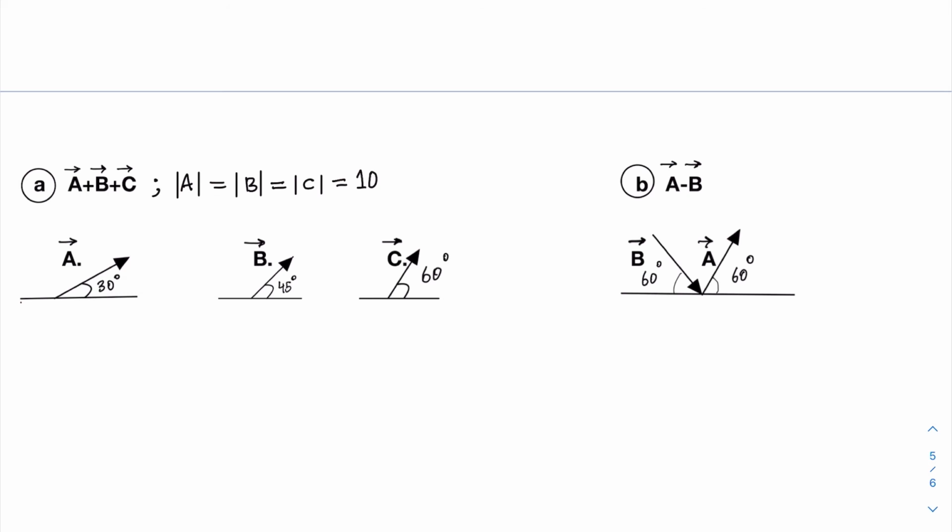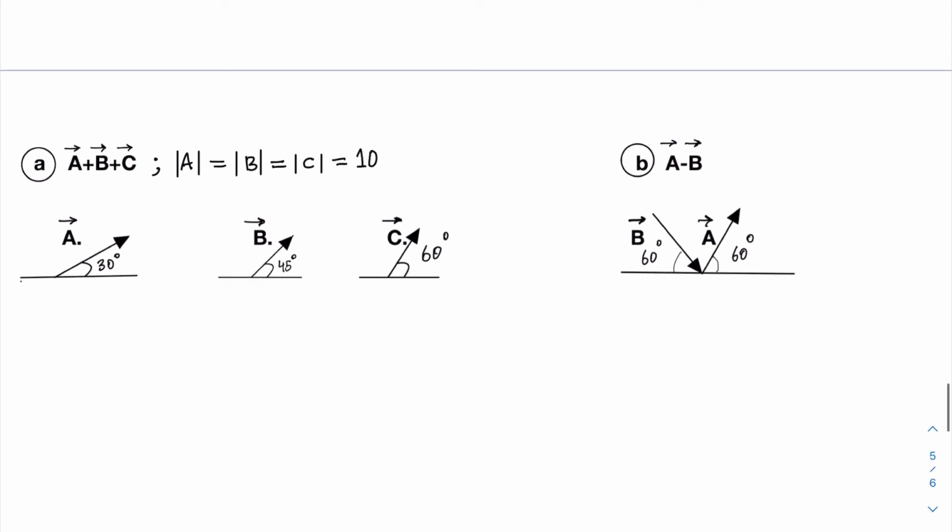How to add vectors which have different directions? That is the question. How can we add up or subtract vectors which have different directions?